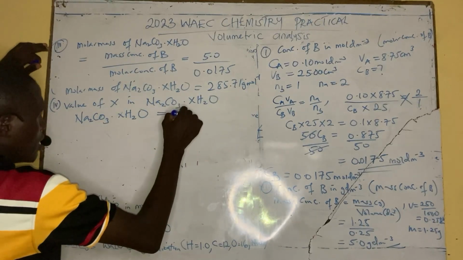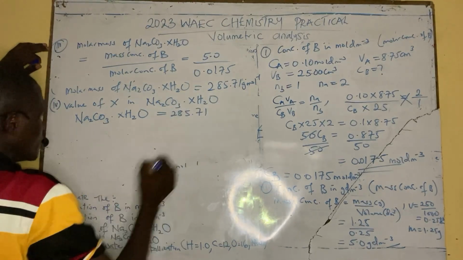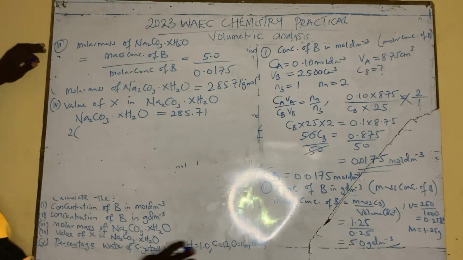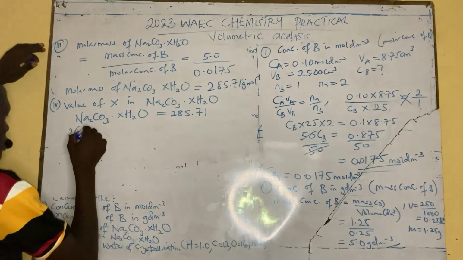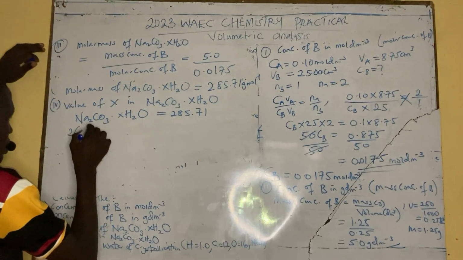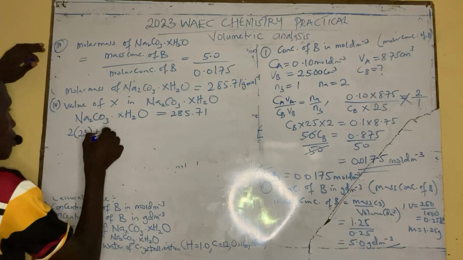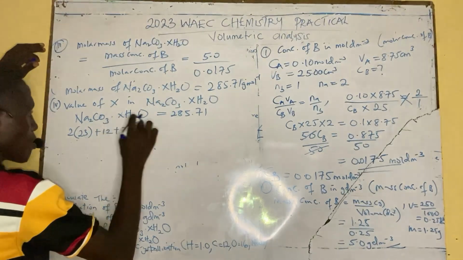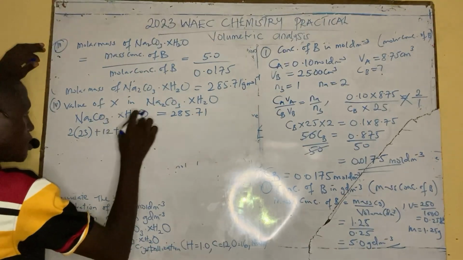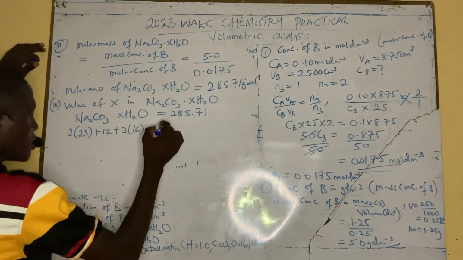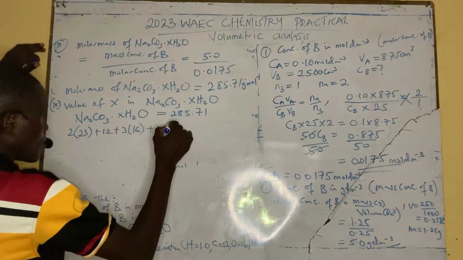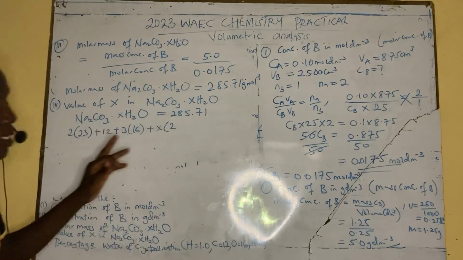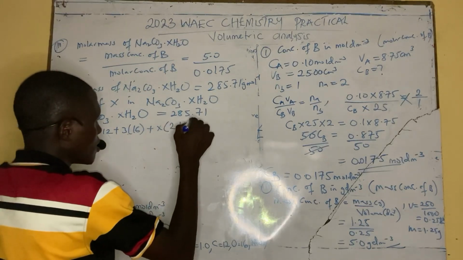We have 285.71. So this will be 2 into bracket 23, because sodium is given as 23 and it has 2 here, plus 12, plus 3 into bracket 16, plus X into bracket for these two atoms, hydrogen and oxygen: 2 times 1, since hydrogen is 1, which is 2, plus 16.